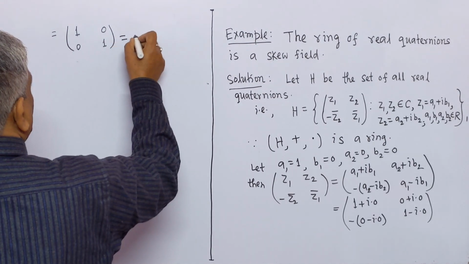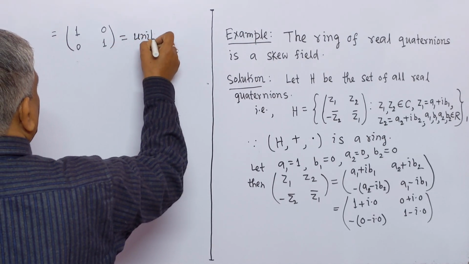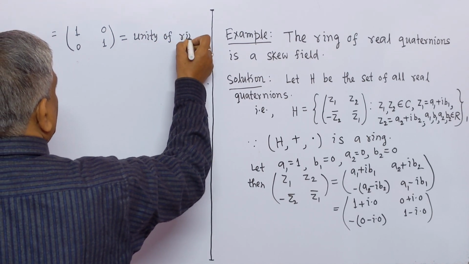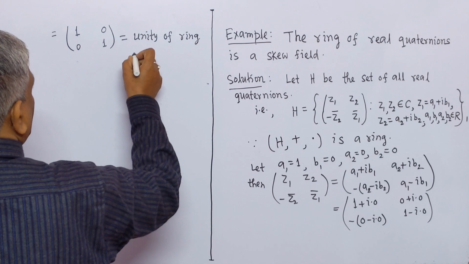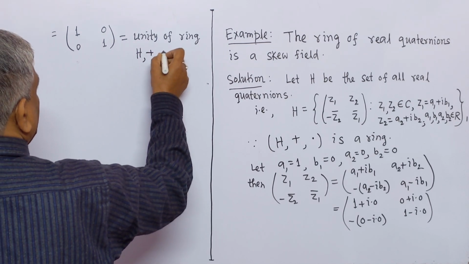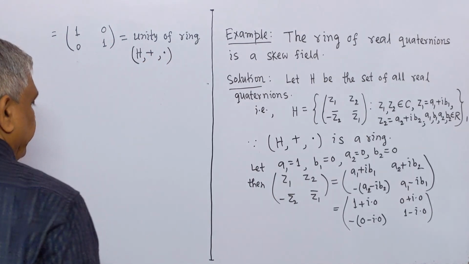This is the unity of the ring H with binary composition, addition and multiplication.